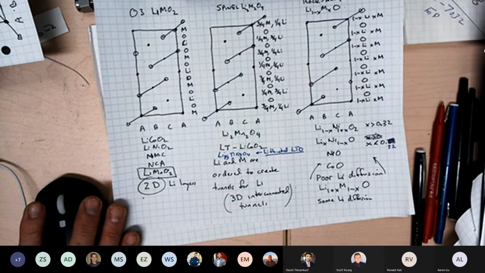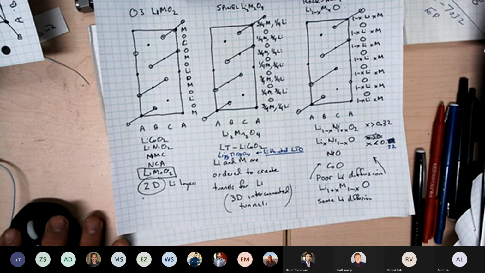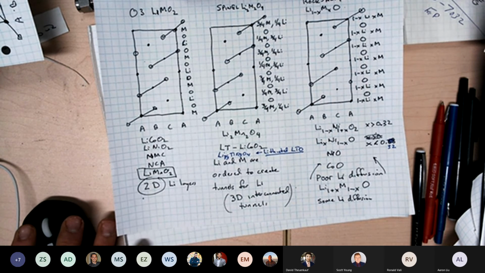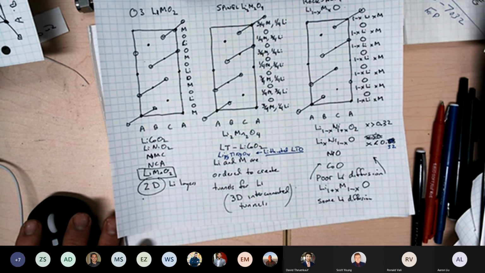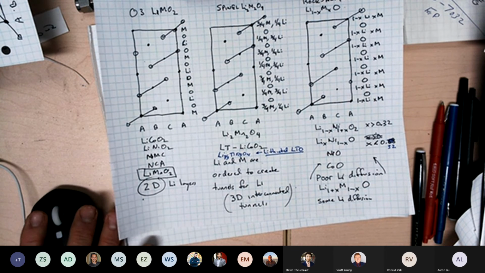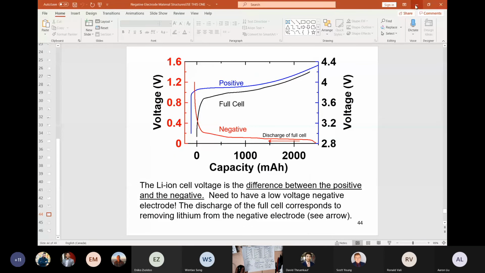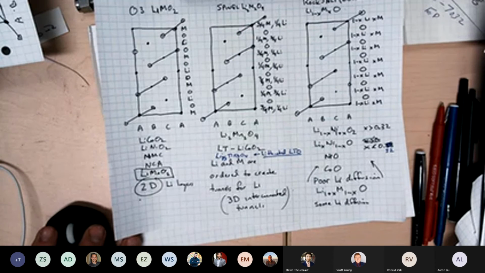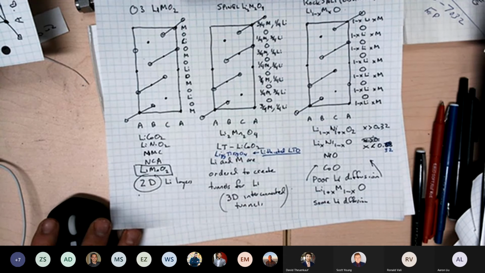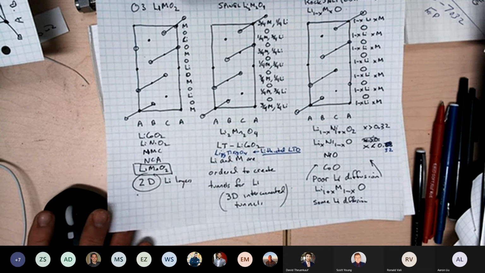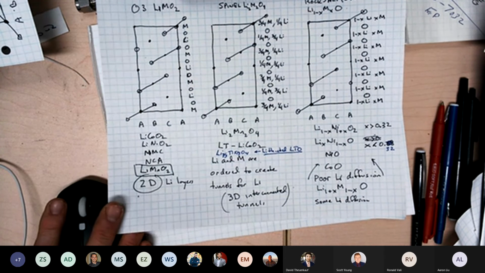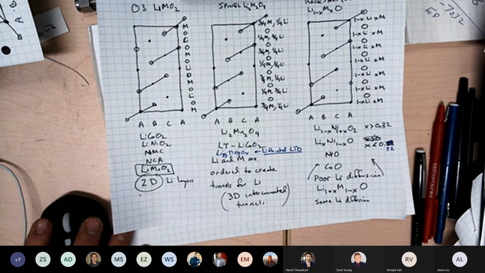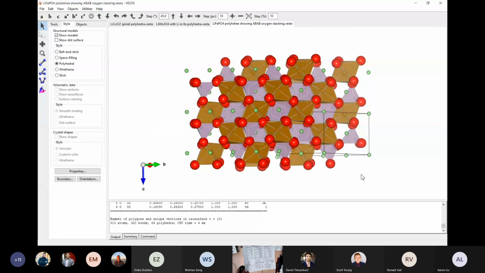Let me close a few windows, I guess. Now I'll try to share again. Can you see anything now?